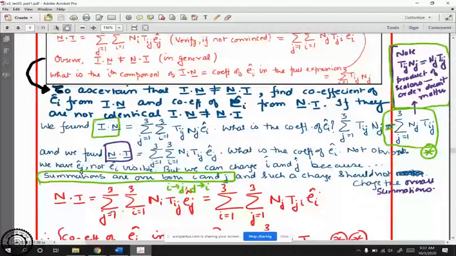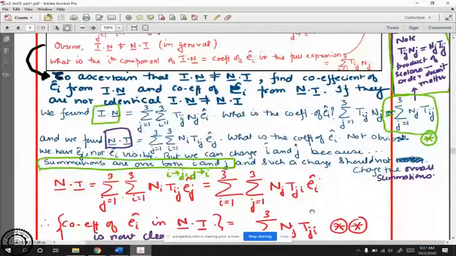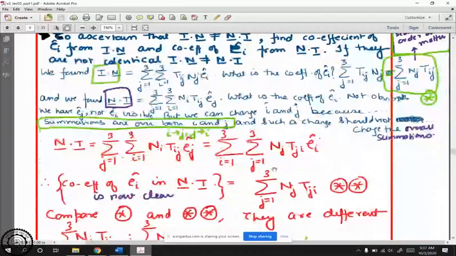So if you have N dot T with Ej here, and if you change i to j and j to i everywhere, it becomes Nj Tji Ei. That's what I wrote here. Now if I ask you the question, what is the coefficient of Ei in Nt? It is now very clear because Ei is there. All right, so now you can identify that as Nj Tji.